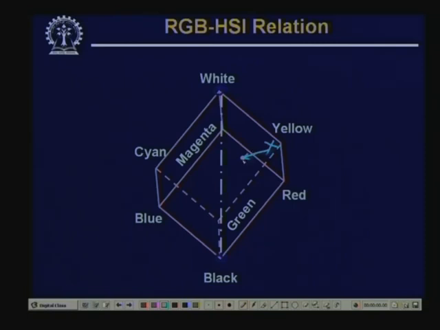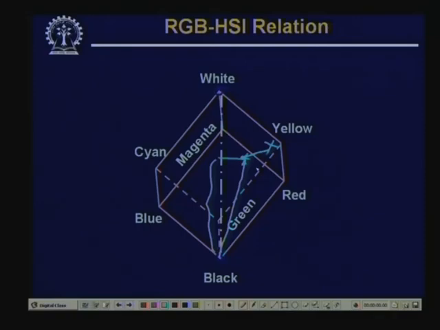I can represent this point as a vector joining from black to this point, and the intensity component associated with this RGB value is nothing but the projection of this vector on the intensity axis. The length of this projection tells us the intensity component associated with this RGB specified color point.